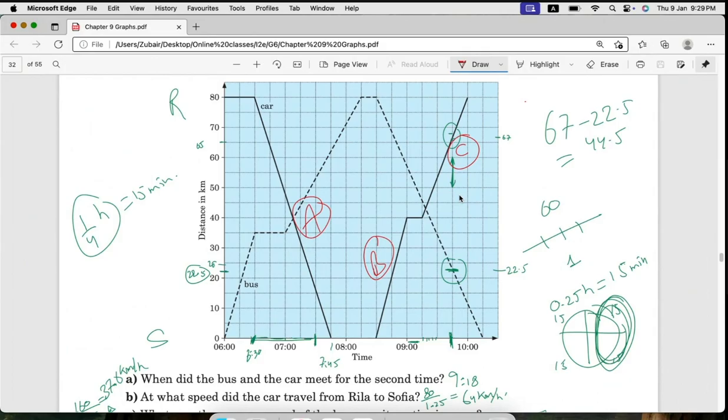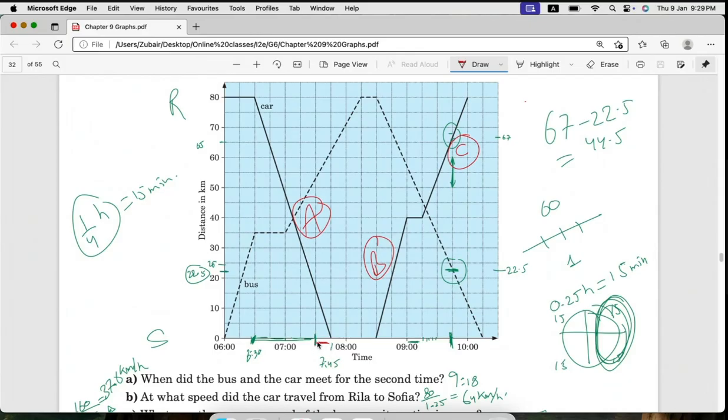What are you calculating? How would you decide which part A, B, or C the car was at maximum speed? I think C. Wait, no, B. B, yes. So you can just see and decide quickly.